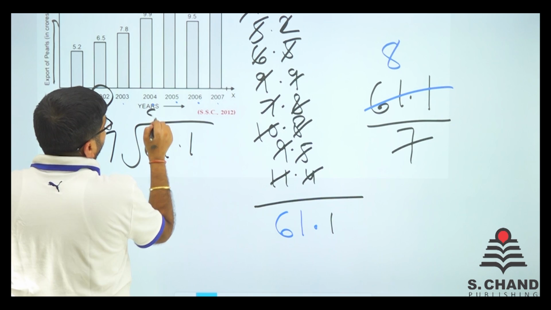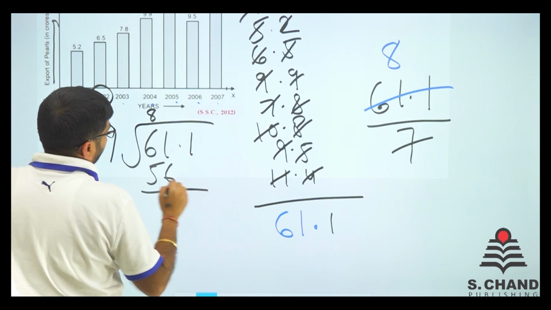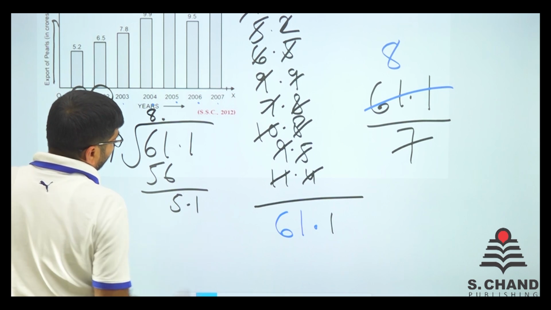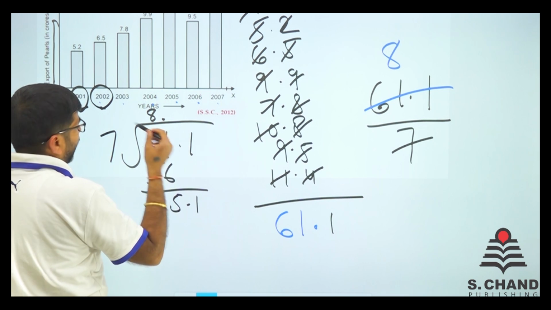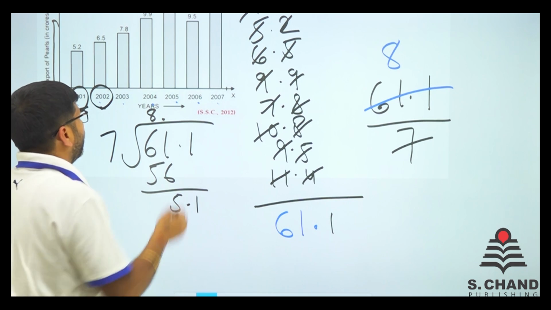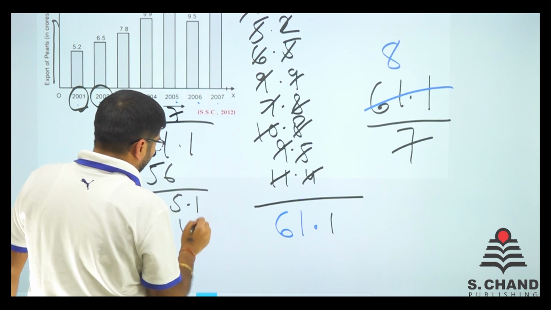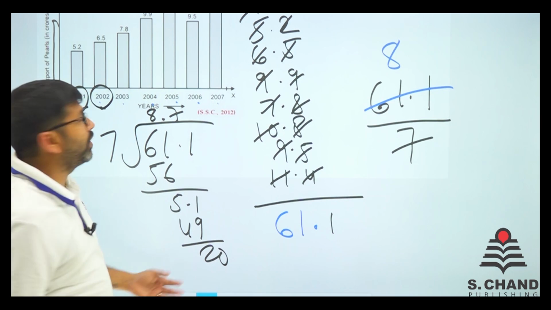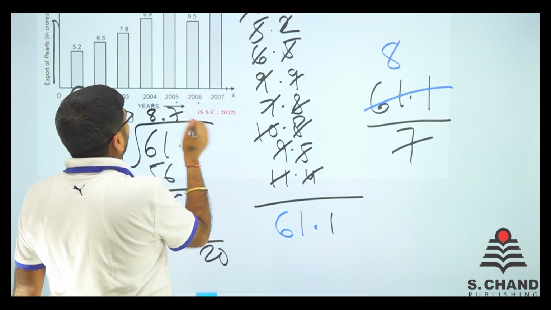So we got 8 times 7 is 56. We have the point here. Now 61 minus 56 is 5.1. Now what is 5.1? I guess 51. 51 is like 7 into 7, 49. We have got 2, so 20 is like 14. Almost 14.